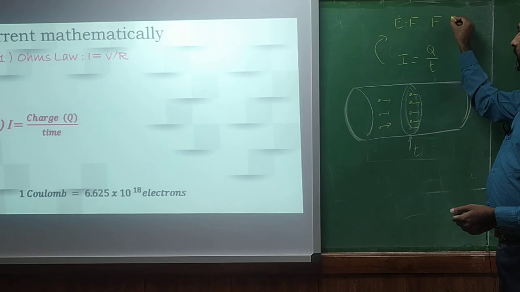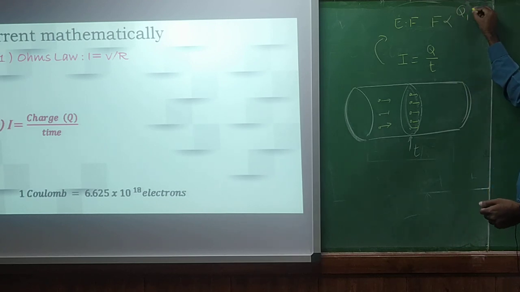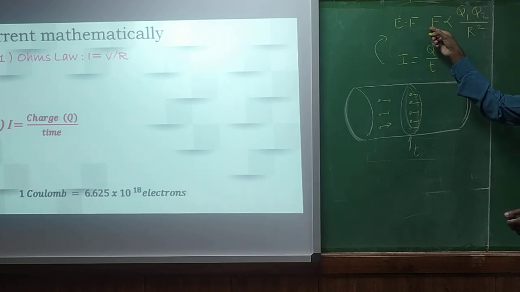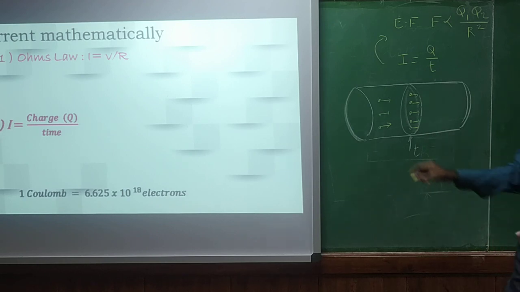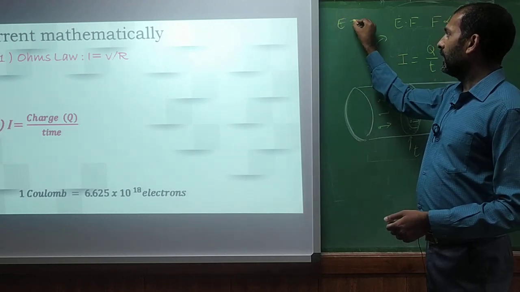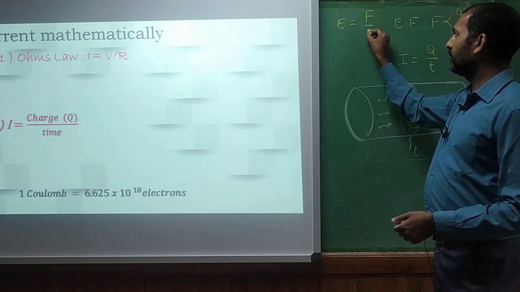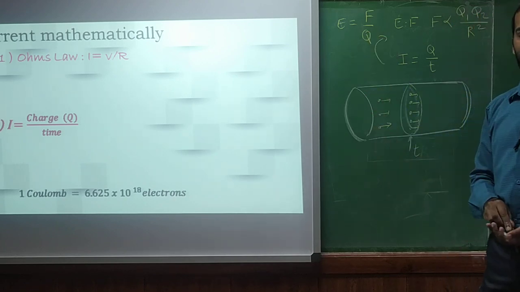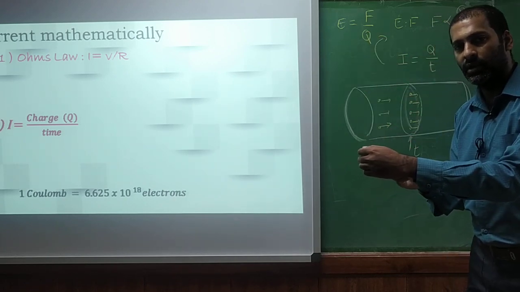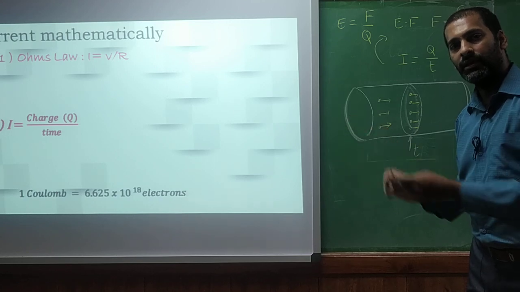That force is proportional to Q1, Q2 and inversely proportional to R square. This particular force is related with electric field, as electric field intensity is defined as force per charge. How much force we are applying on a charge for making it move.